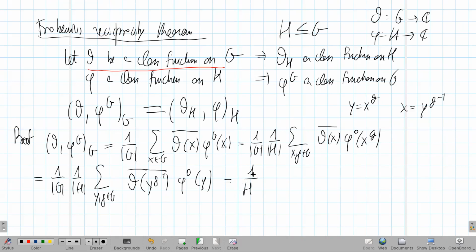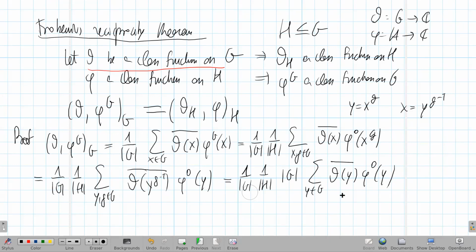Okay, let's do it properly. 1 over order of G, 1 over order of H, order of G times, the sum over G has disappeared. Because once you fix y and you let g range in G, all these elements are the same. So you get order of G elements, which are all equal, and so these two order of G cancel out.